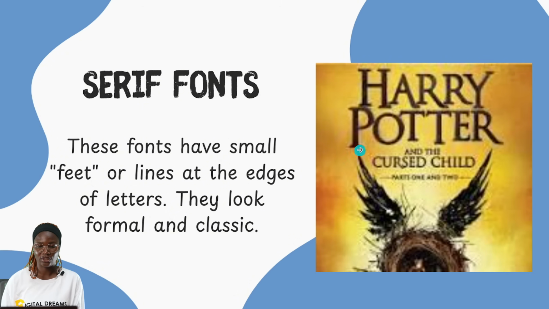If you look at this word written Harry Potter, let's look at the H. You can see a line at the edge of this H. The same thing for the A, the same thing for the R, the same thing for the Y. You can see lines at the edge of the letters.